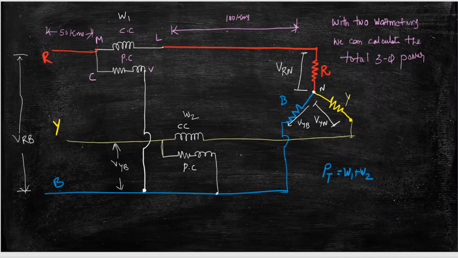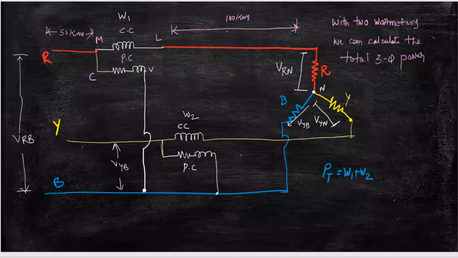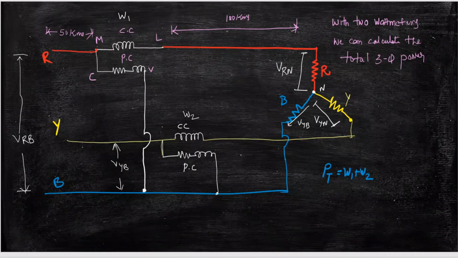How have I connected? I am connecting only 2 wattmeters, and I am using one of the phases, here B, as the neutral, to connect the V of wattmeter 1 and V of wattmeter 2. This is M point, this is L point, this is C point, and this is the V point.